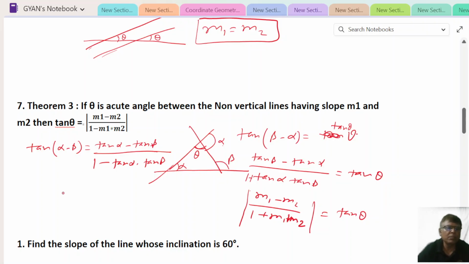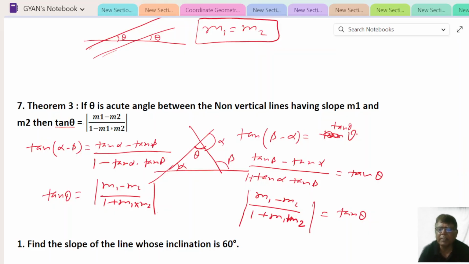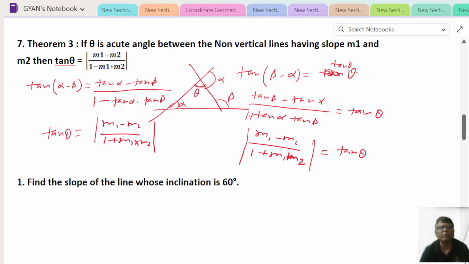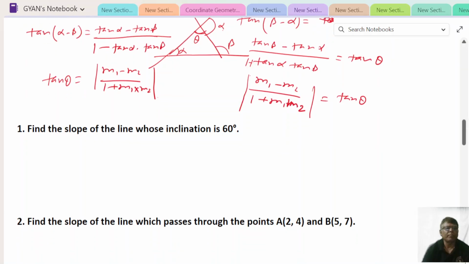So the angle between the lines is tan theta is equal to (m1 minus m2) divided by (1 plus m1 into m2). That you remember. And if it is coming negative, then you take the mod of this, then it will be positive, so it will give the value of the acute angle.